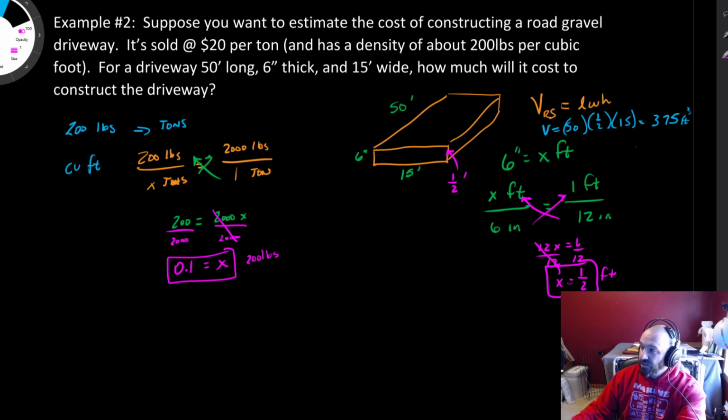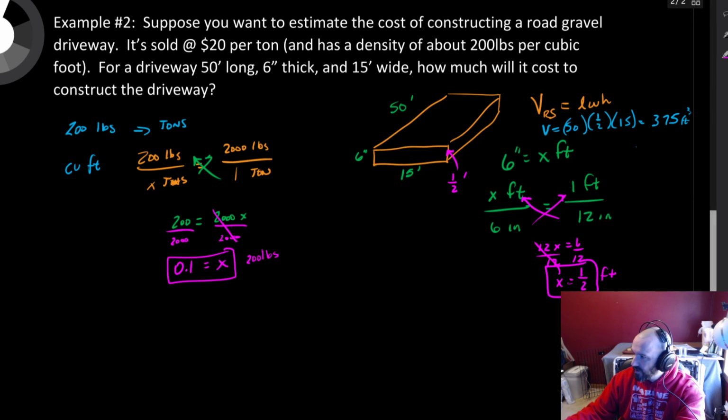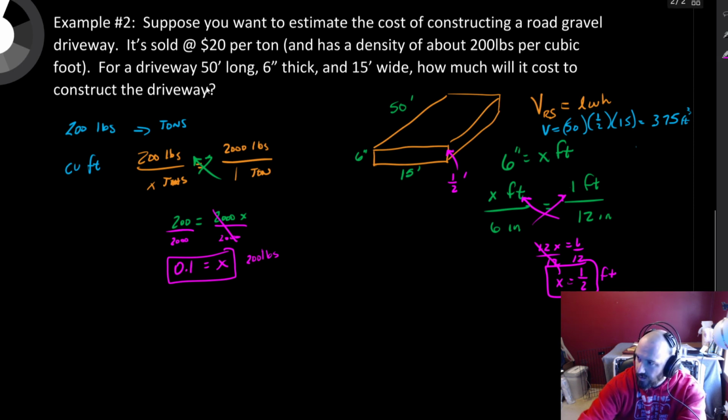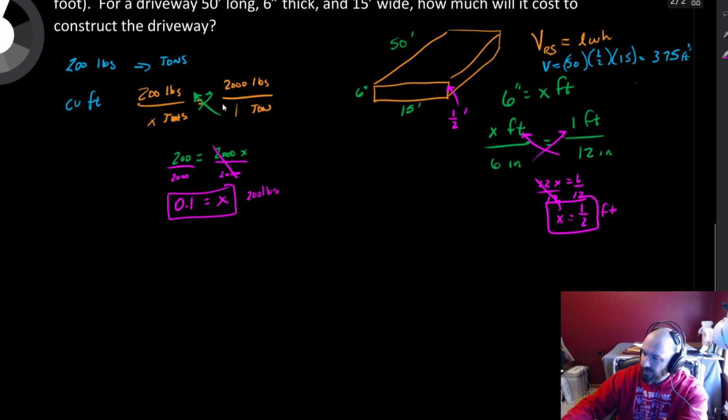Okay, so we are told that we get 200 pounds per cubic foot. Wow, okay, we are not scrolling for some reason. There we go. 200 pounds per cubic foot.